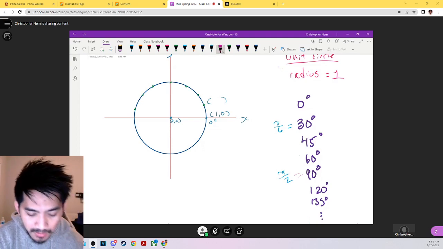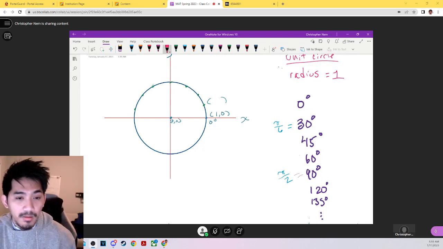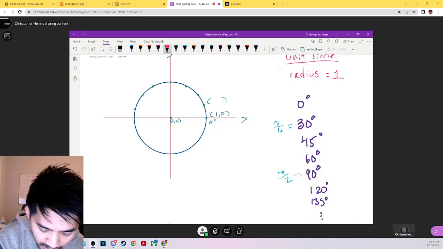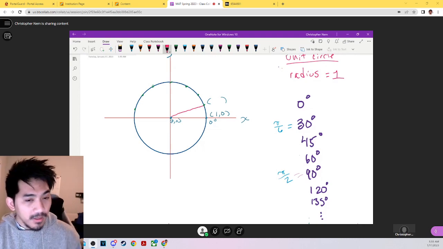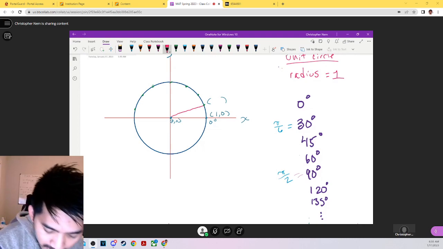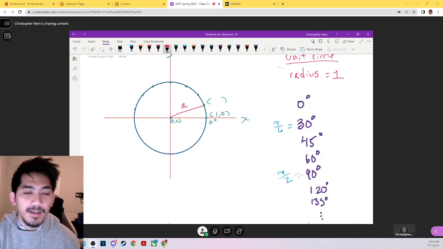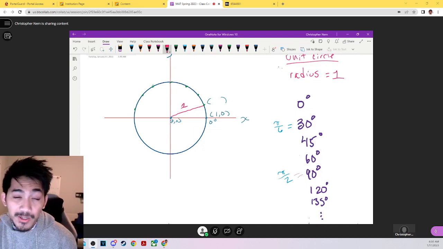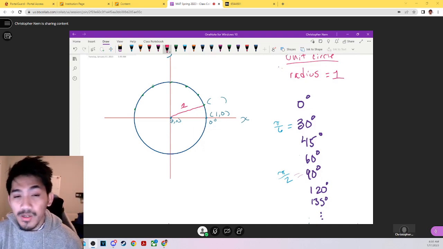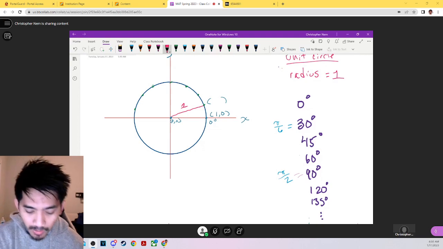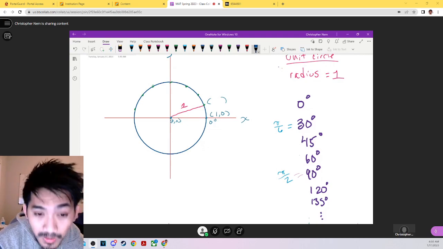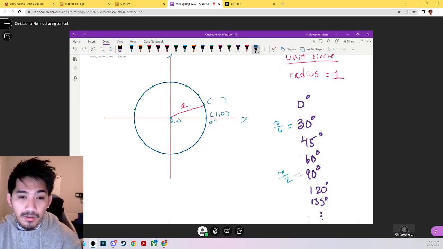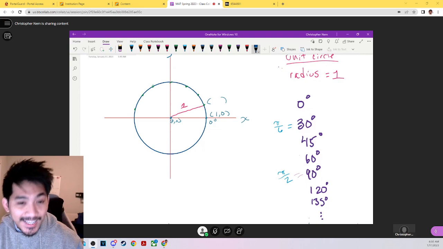But moving on, the next angle measurement that we have to work with is 30 degrees. What we're going to be doing for our assignments for tomorrow or anything is drawing right triangles. So first, you got to draw your radius. We know this has a measurement of 1. Now, how do we draw our right triangles? We are always going to draw a right triangle where the base of the right triangle is always going to be the horizontal line on the x-axis.